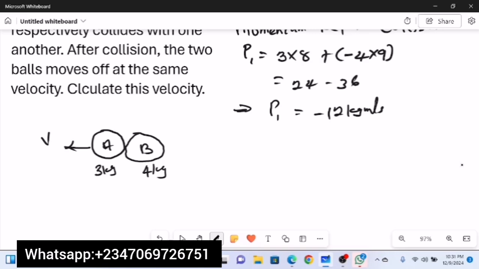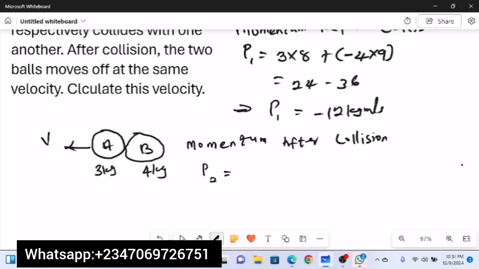So now we find the total momentum after collision. We call that P2 simply.